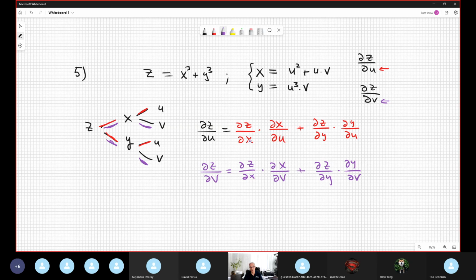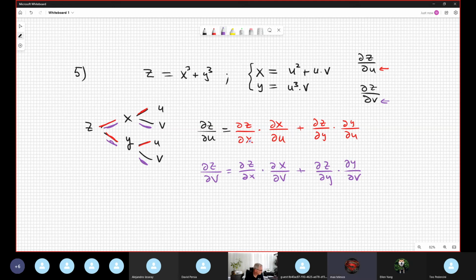You compute separately every partial derivative in the tree expression and put them together. And for the final answer, I need you to express it as a function of only the independent variables u and v, and make the variables x and y disappear because they are intermediate. Clear? Let's do it next class.